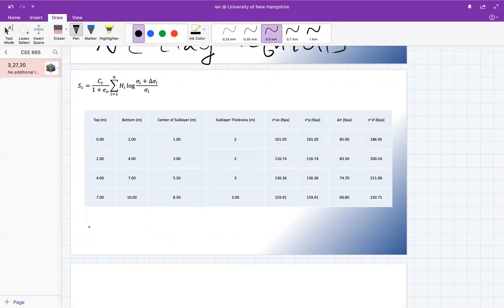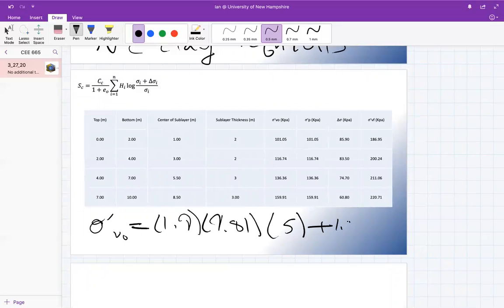What we're going to figure out first is our effective initial vertical stress, which will be 1.9 times 9.81 times 5, plus 1.8 times 9.81. Now it's in unit weight, but we're also going to subtract out 9.81 because it's underneath the water table.